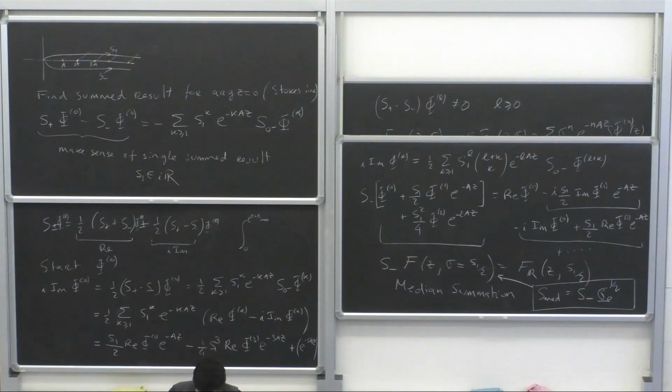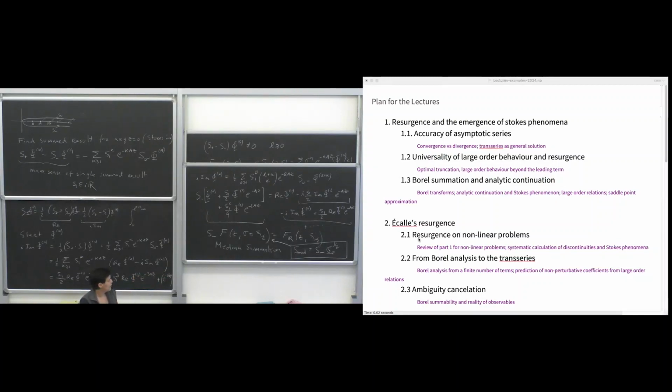One detail here is that, in fact, the reason why sigma is specifically S1 over 2 is because I chose to start with just the perturbative series. But if you use medium summation, what you find is that what you need to fix is the imaginary part of the sigma.